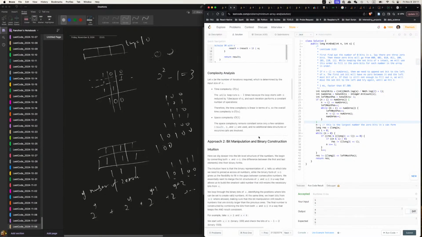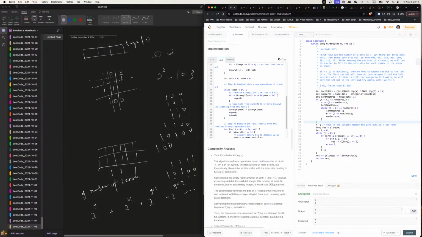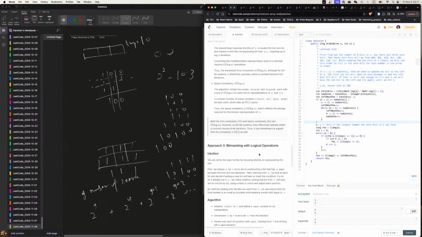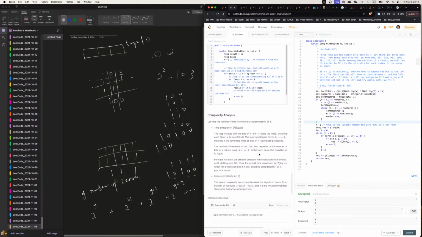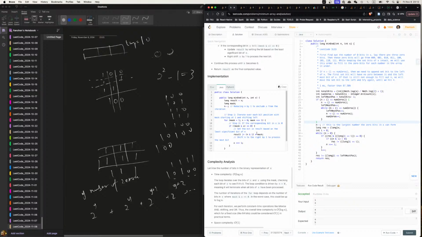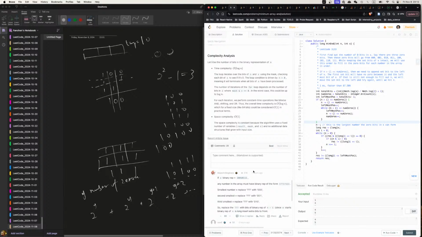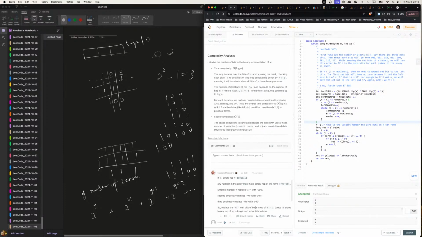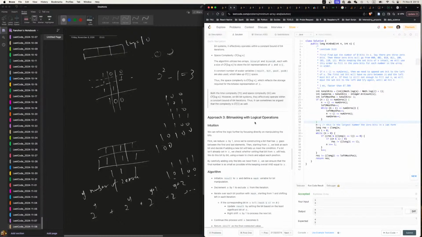Okay, I need to read this. Bit manipulation. Well, I think we are using bit masks with logical operations. Mine is log n, right? It's all log n. Ooh, look at that.